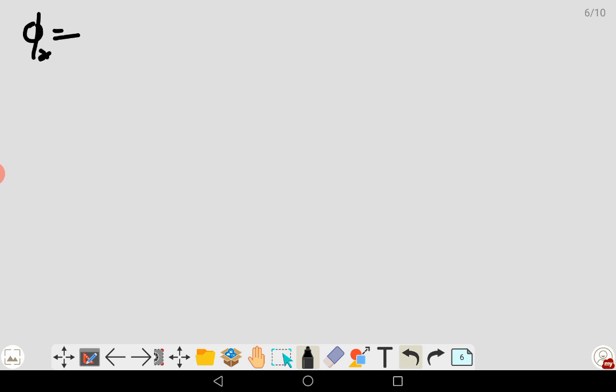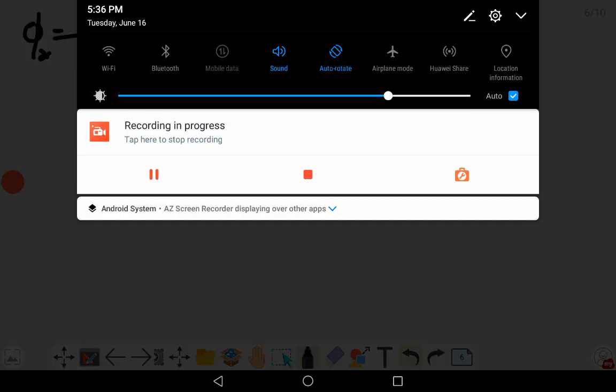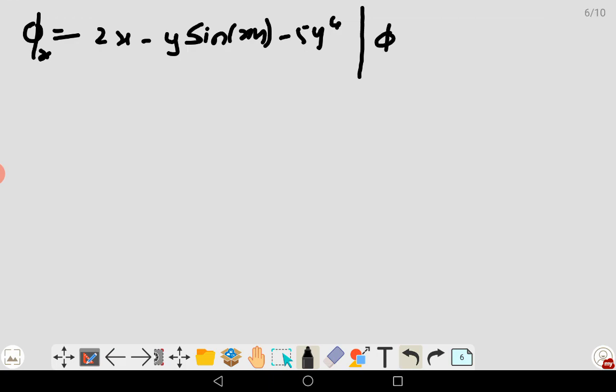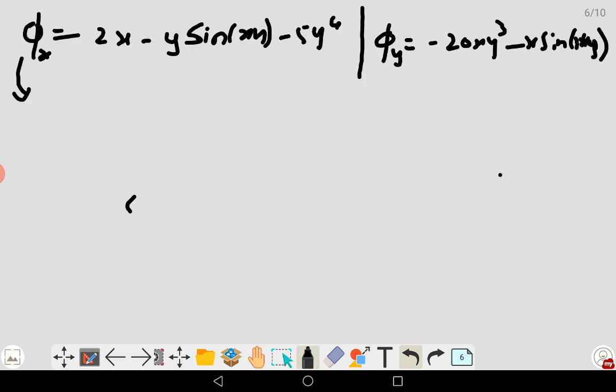Phi x is 2x minus y sin xy minus 5y raised to 4. This is phi x. Next, phi y is minus 20xy cubed plus x sin xy, isn't it? From phi x you will find phi by integrating with respect to x partially, keeping y as a constant.